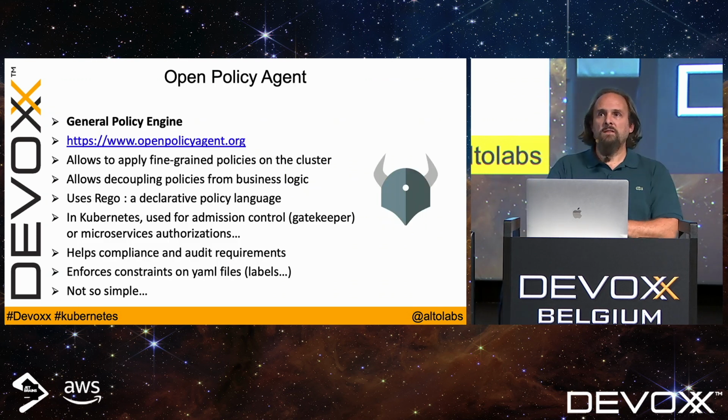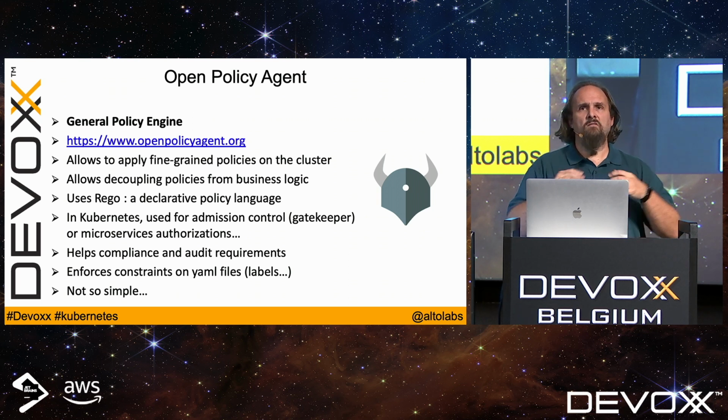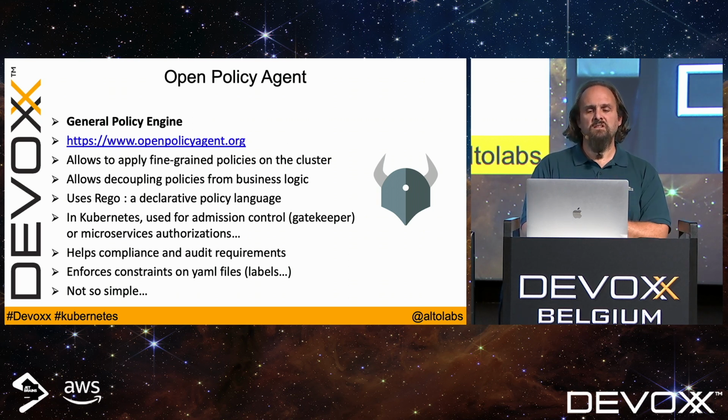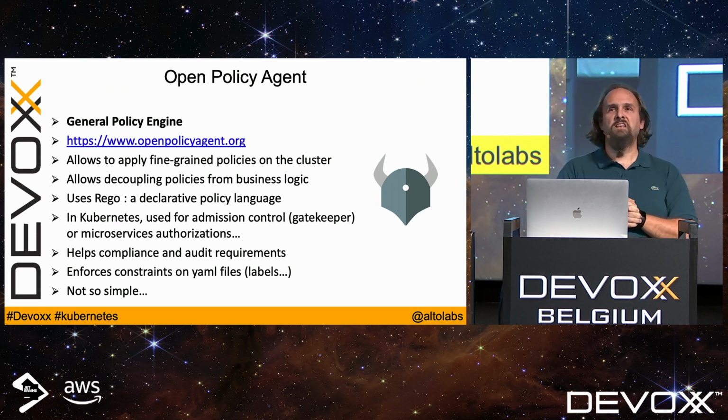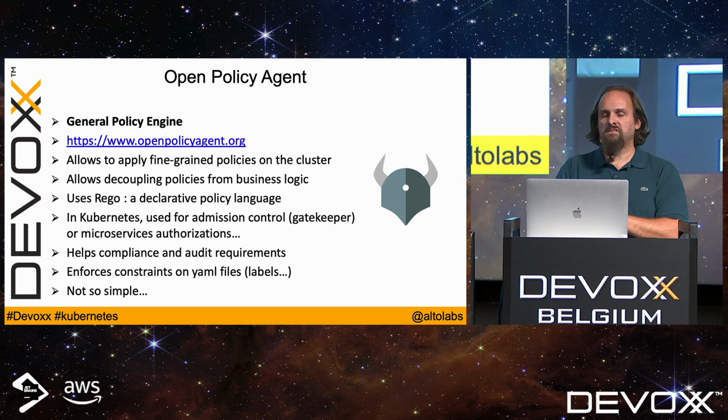Okay, next one. We talked about policies earlier and how they could impact the security of your cluster. Who's using OPA? Okay, nobody. Whoa. Okay, so you definitely need to check it out. It's Open Policy Agent.